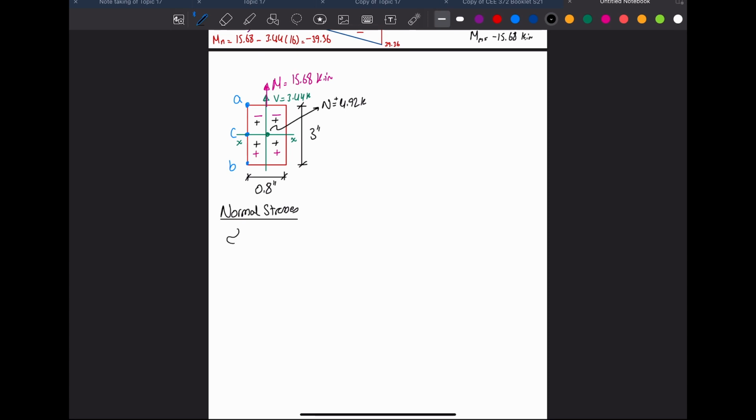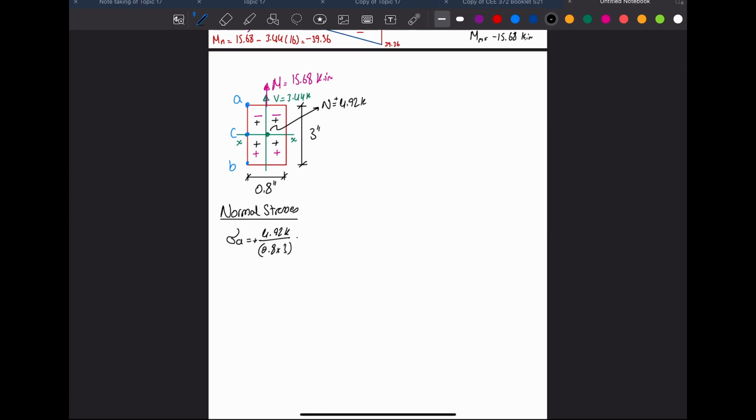I'm going to calculate the stress at A. So I will say normal force over area: 4.92 kip over area, 0.8 times 3, and it's going to be positive because point A falls in the region where the normal force is positive.